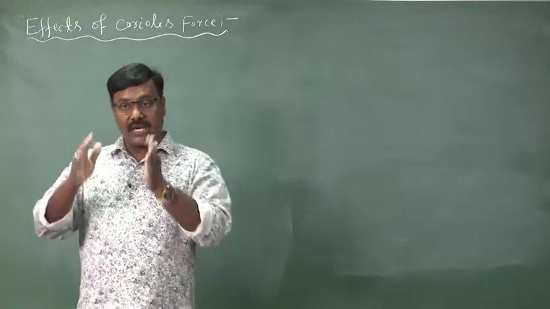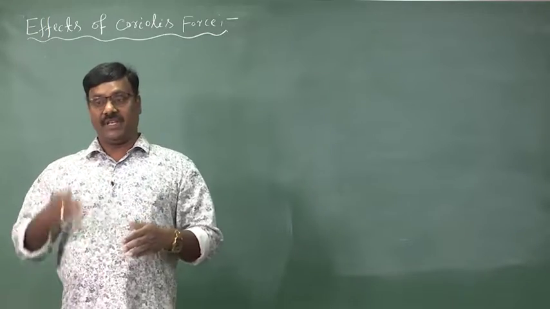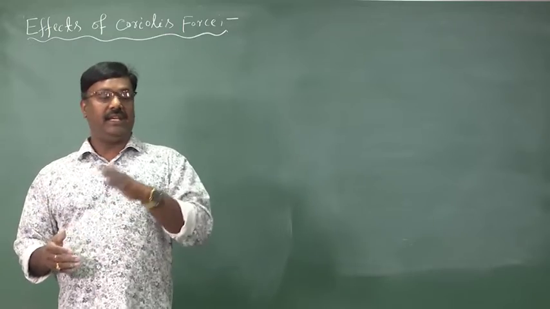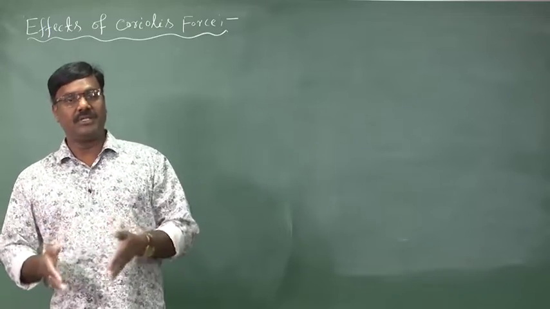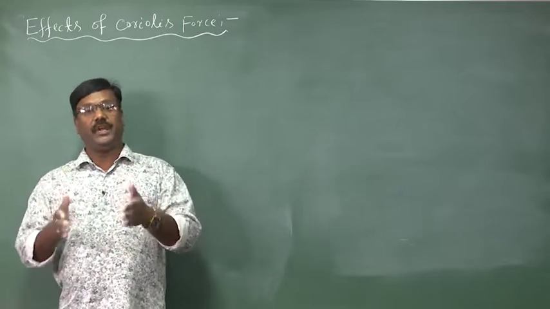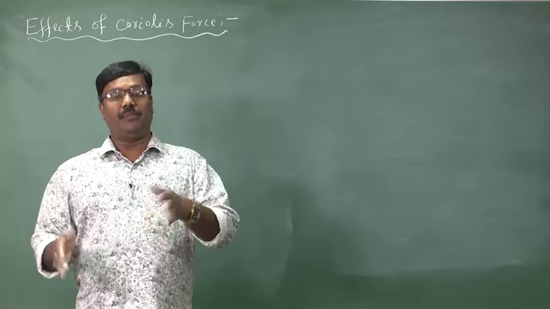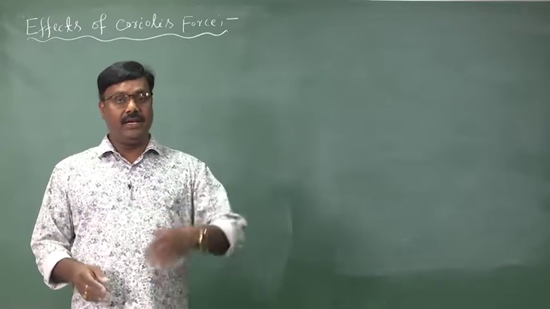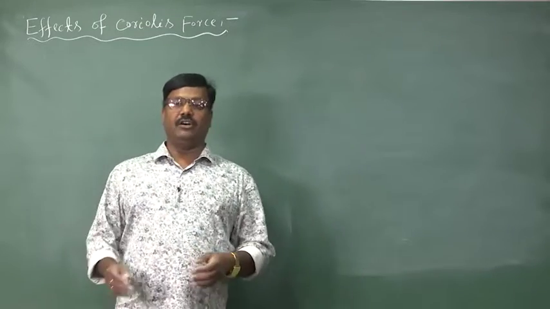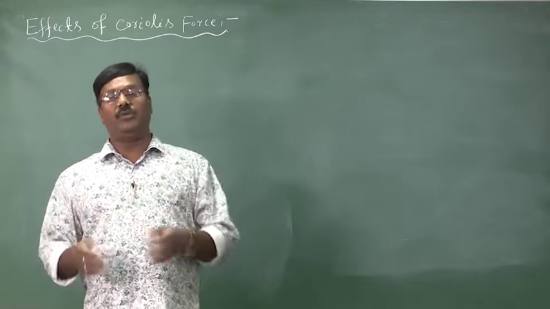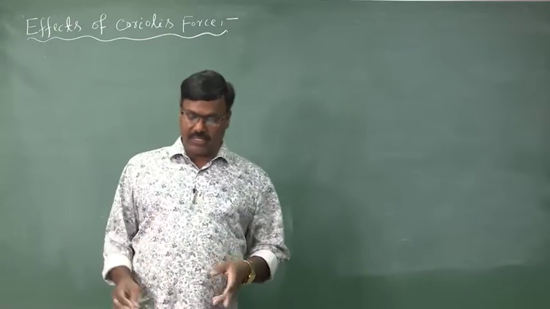So in the northern hemisphere, the right bank of the river gets more eroded, whereas in the southern hemisphere, due to the effect of Coriolis force, the rivers bend their path towards the right, that is the left bank of the river. So the bending of the path of the river, or the bank of the river which will be more eroded, is due to the effect of Coriolis force.